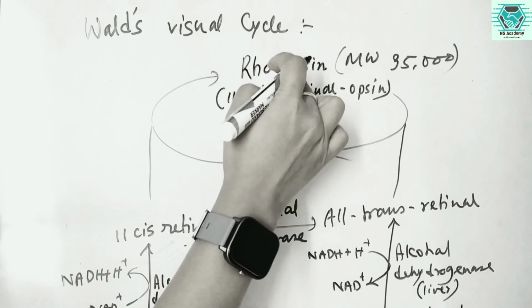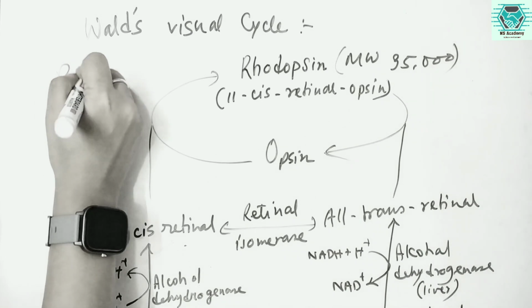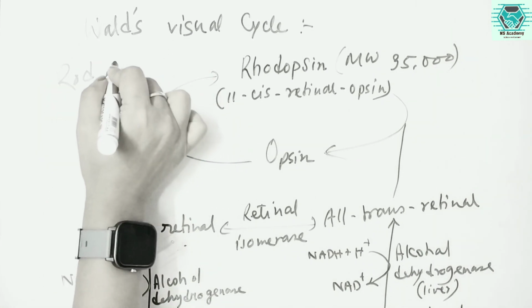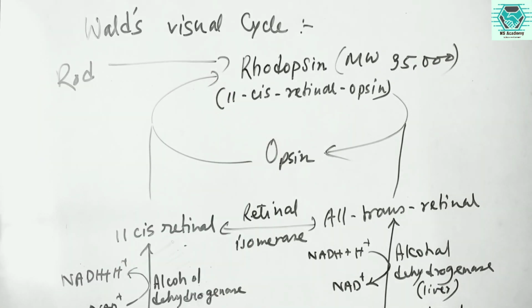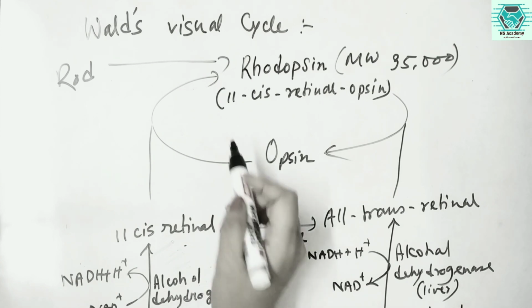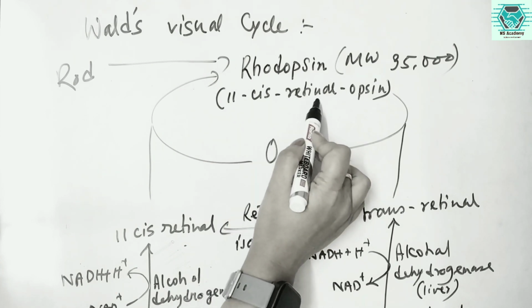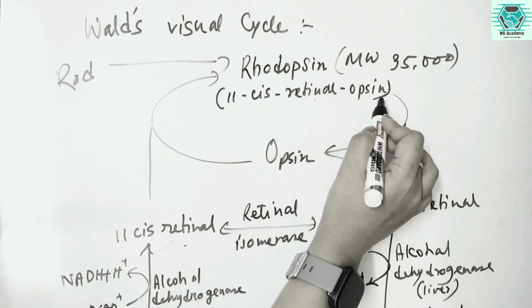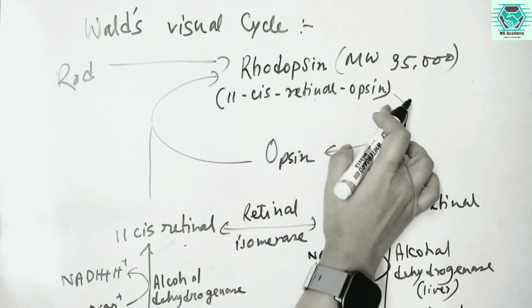So where does rhodopsin come from? It comes from the rod. It contains 11-cis retinal and the protein opsin. So rhodopsin contains 11-cis retinal and opsin. Okay, so these two components.